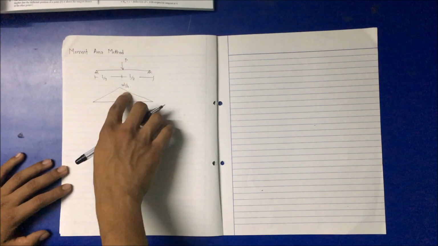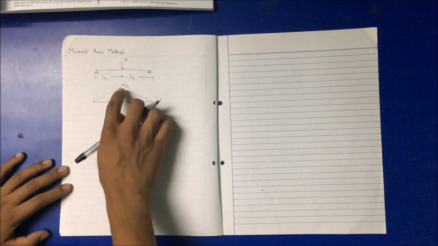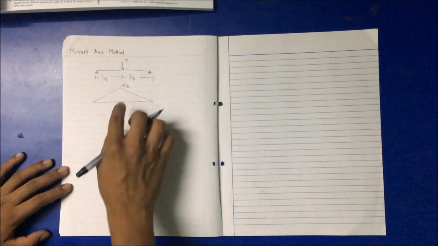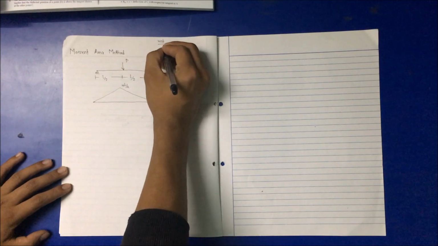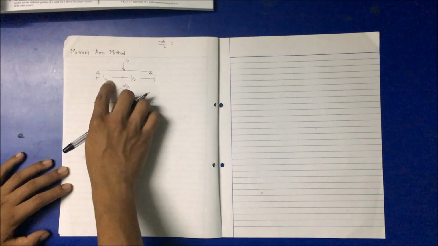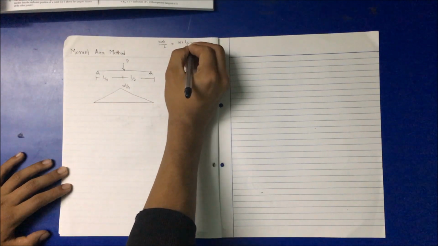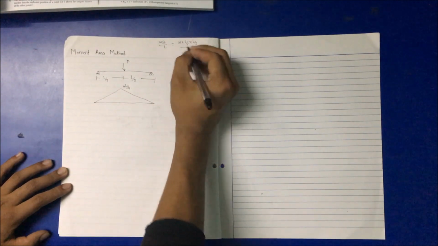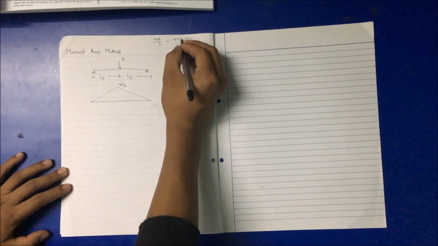Okay, if we are confused how this WL by 4 is obtained, the maximum bending moment for a point load is W A B by L. In this case, A and B are equal, that is L by 2. So W into L by 2 into L by 2 divided by L, it will be WL square by 4L, so it cancels out.